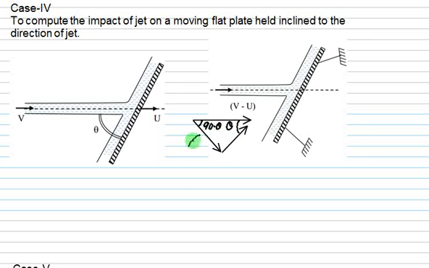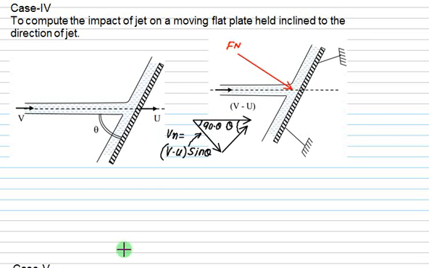So this component will be equal to v minus u times cos of (90 minus theta), which is the same as sin theta. We call this component the normal component. Similarly, we will consider the normal force here. This normal force is Fn.